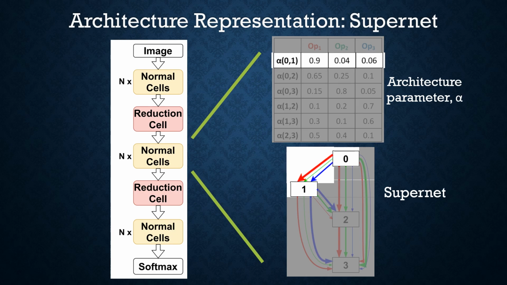This represents the edge between node 0 and 1, and the entries represent the weights given to the 3 operations in the search space. If we look at the edges between those 2 nodes in the supernet, we see 3 arrows with different colors representing the 3 operations in the search space, and the thickness of the arrow represents the weight associated with that operation. Clearly, the red arrow has the largest thickness owing to the weight associated with operation 1.